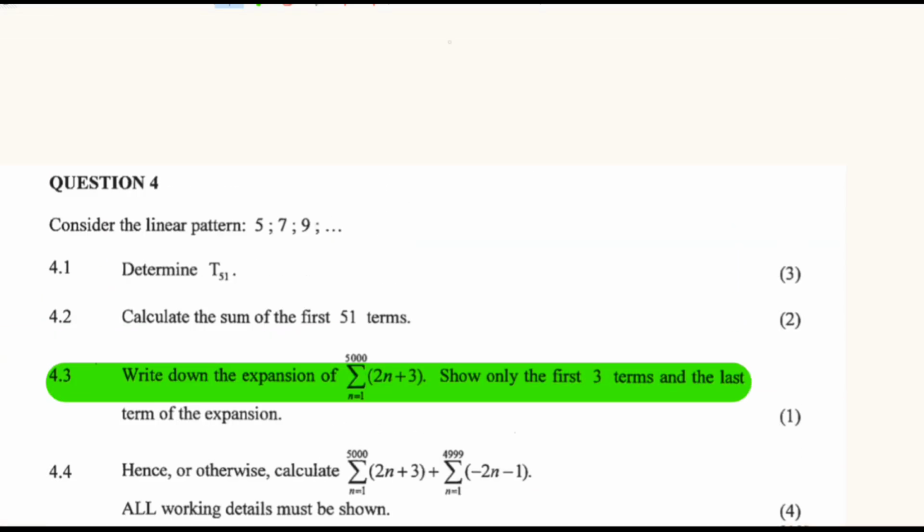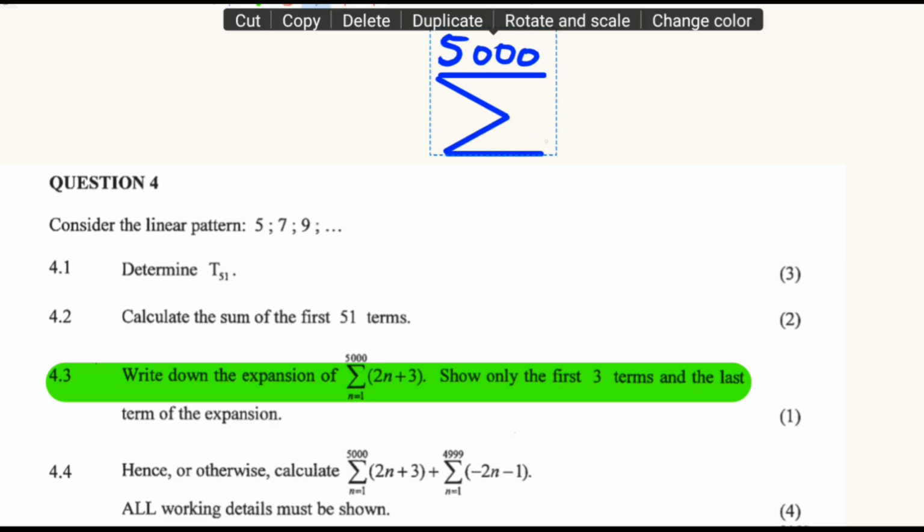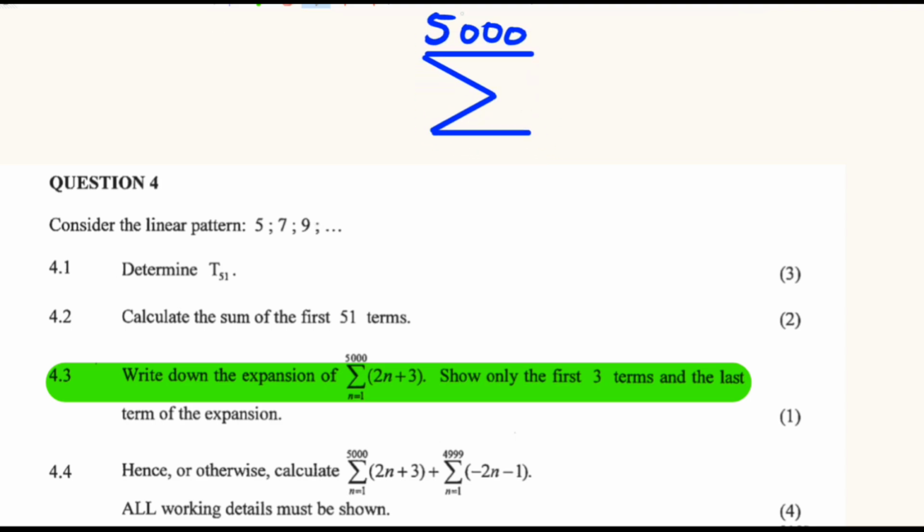So we have the sum will end at 5,000, and it will start at n is equal to 1, and this is the sum of 2n plus 3.